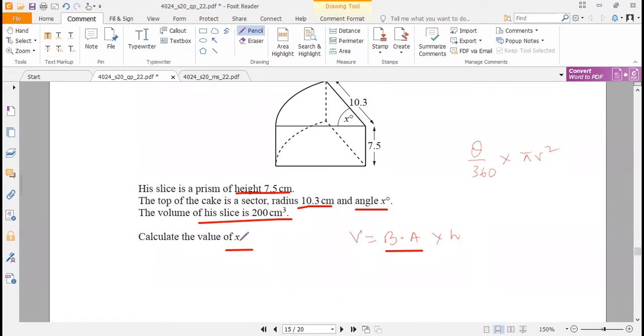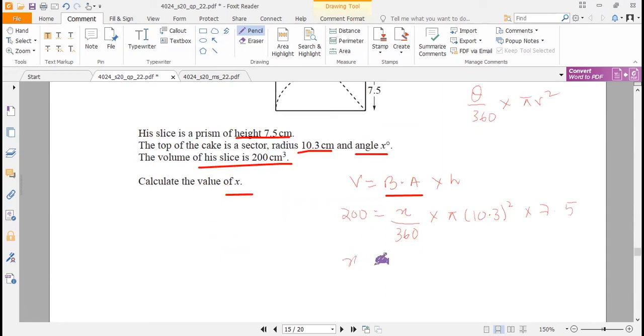Now we have the volume that is 200. Base area is theta, represented by x, upon 360 multiplied by pi. The radius is 10.3 square multiplied by 7.5.